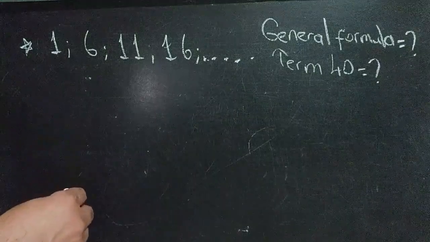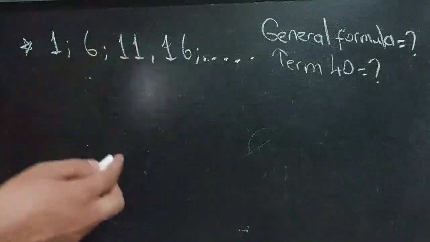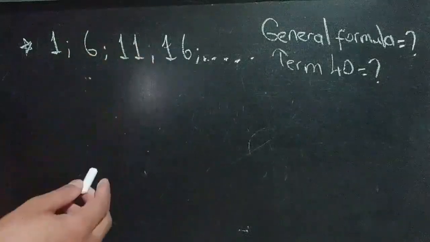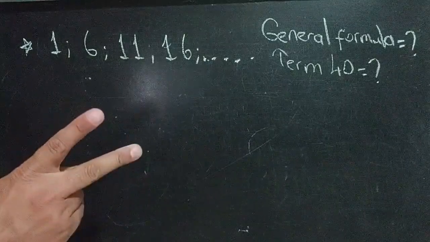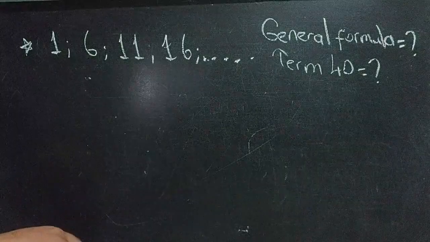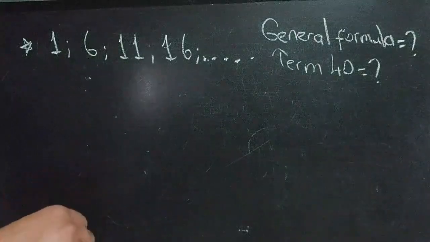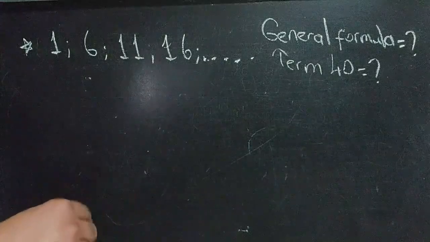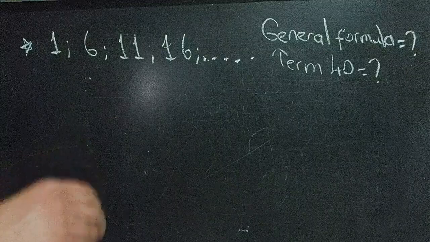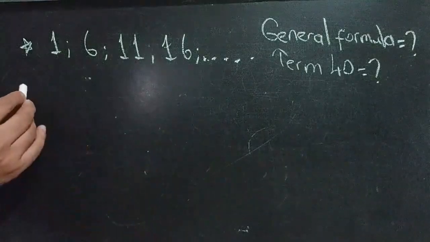How do you find the rule of this one, the general formula of this one? I'm going to show you by two methods. The first one I don't know if you will find in any books, but the second one you are going to find in all the books when you open the topic about patterns.